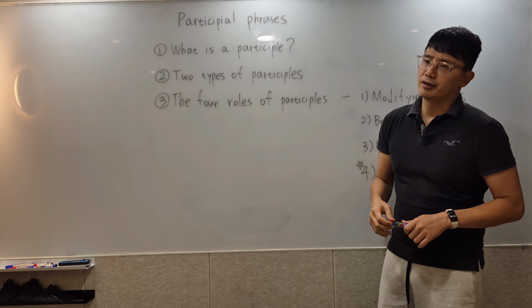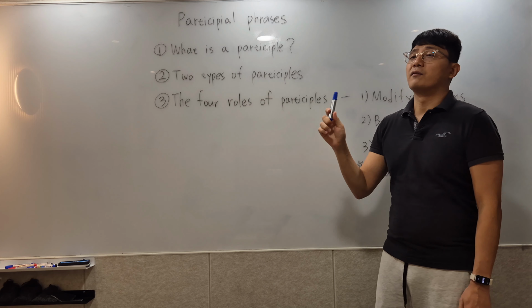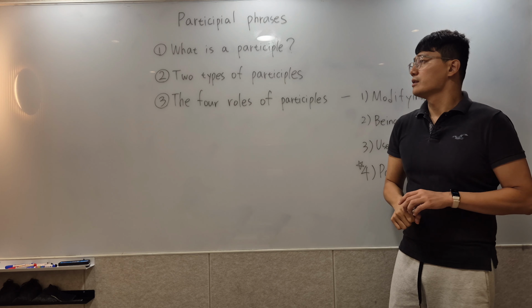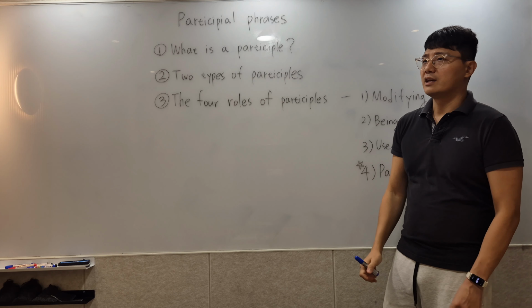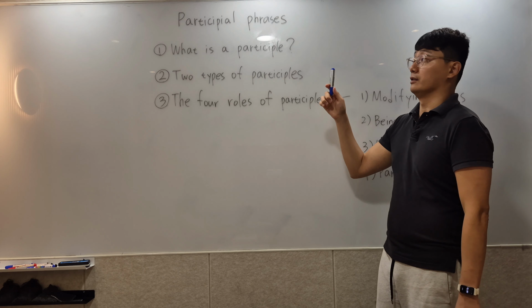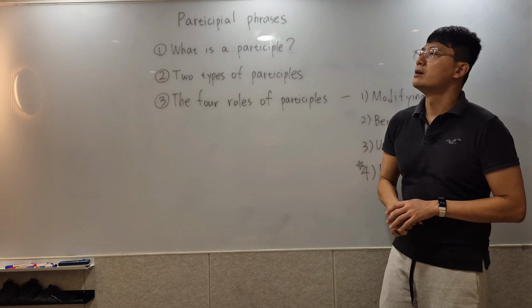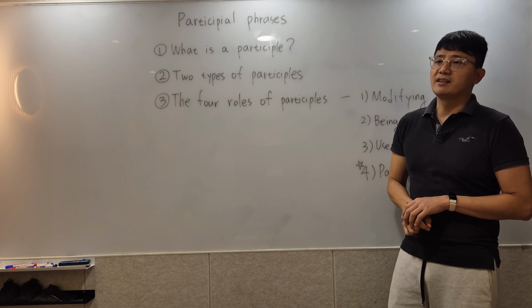To make a present participle, you add ing to the base form of a verb. It refers to an ongoing action. Let's talk about more details using the verb amaze a little later, okay? To make a past participle, you put ed at the end of the verb.